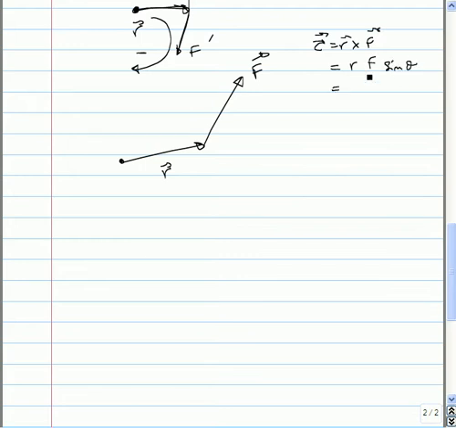And what the book does is it puts the sine and the r together and calls this the lever arm, which reminds you of the fact that if you want to take the cross product between two vectors, the only component that actually produces the torque is the perpendicular component of f with respect to r.